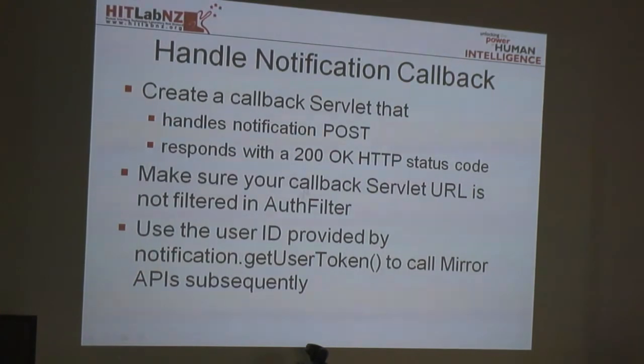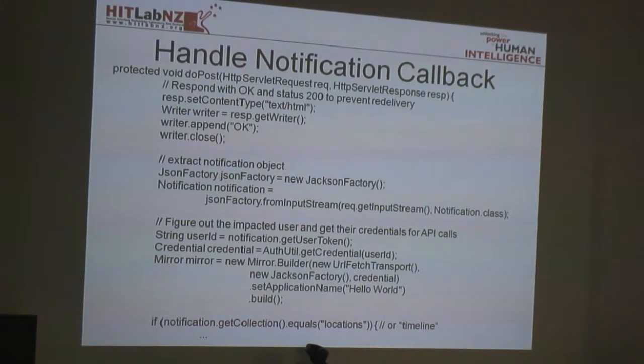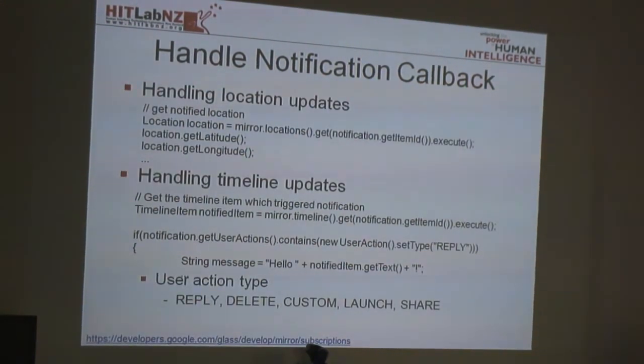When you're handling this kind of notification, you'll have to get the user ID from the Google API server rather than asking the user to log in, obviously. I won't go through this code since we've already shown it. Once you've subscribed to updates, you'll get notifications, and then you can get the notification item.